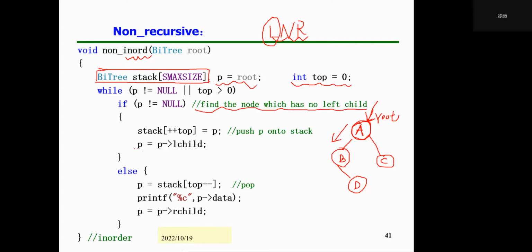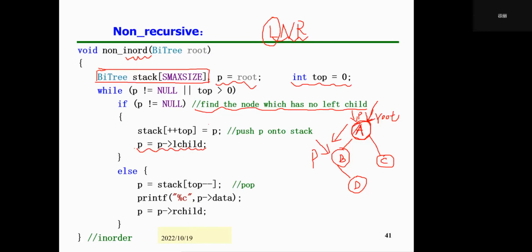So here you can see every time we modify P to be P's left child. So P starts from here, and then we go left. P will point to B. And when we go left, we need to store A, or we can say we need to store B, because after we finish inorder of the left subtree of B, then we can visit B. So how can we find B?